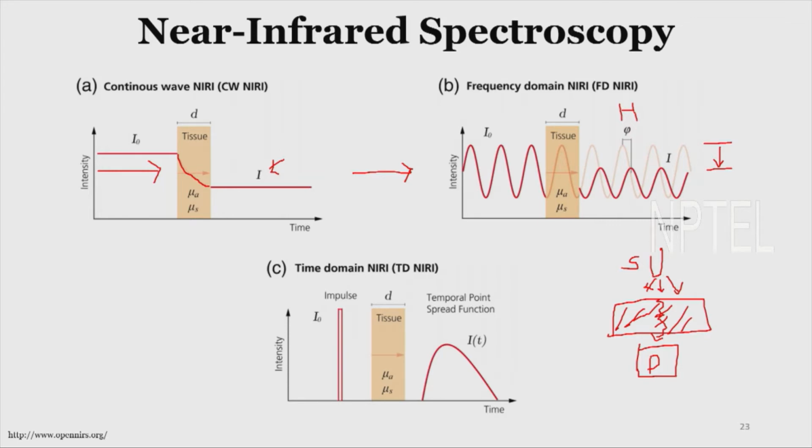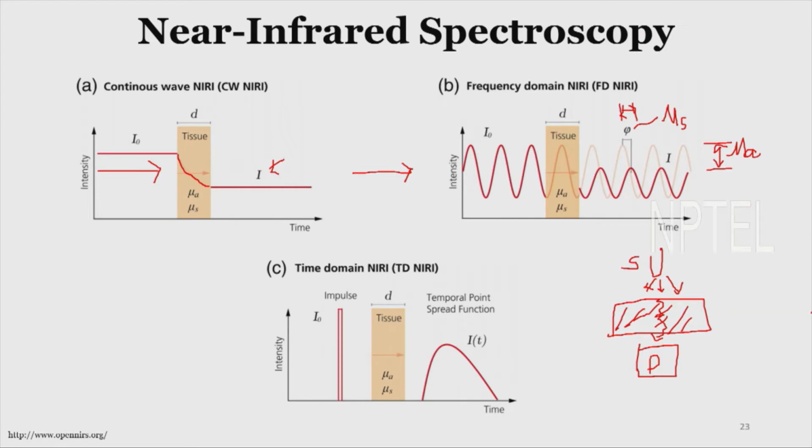This phi can help you calculate the scattering coefficient, and the reduction in amplitude will help you get the absorption coefficient. These are the bulk properties you can quantify with frequency domain measurement.